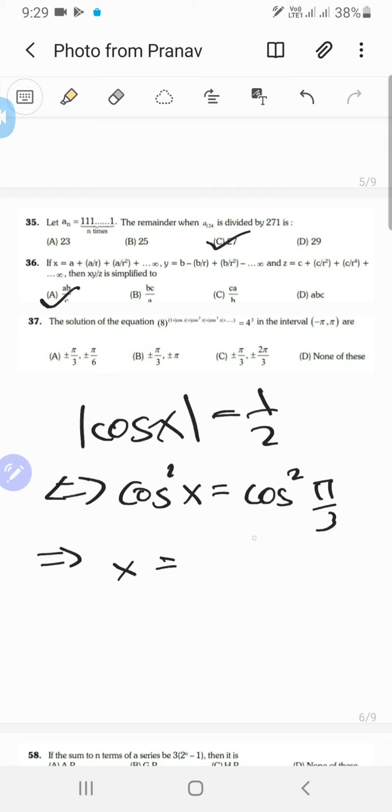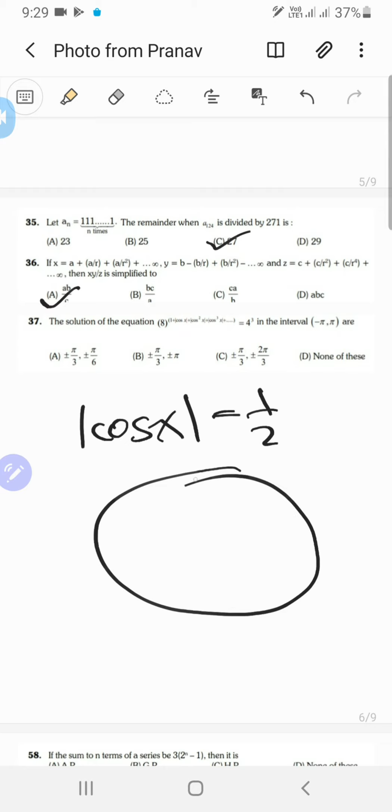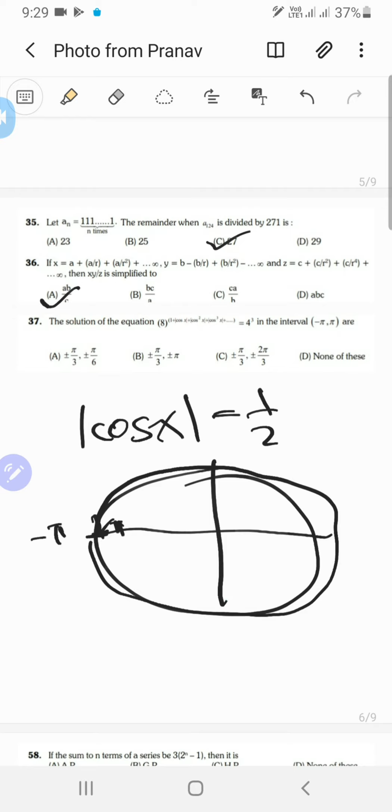x equals to, well, instead of doing all this formally, we just draw a unit circle. That will be better to understand. So suppose this is your unit circle, this is your negative pi, and then you move like this and you land over here, and then it will be a positive pi. We want to find when modulus of cos x equals half, which means that cos x can be minus half or positive half, both will work.